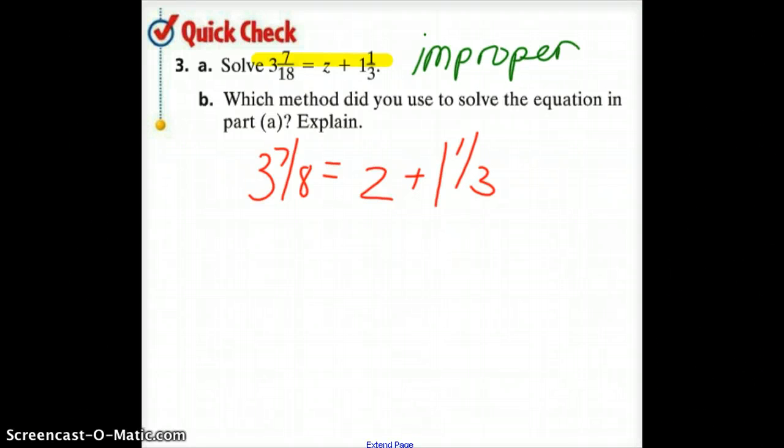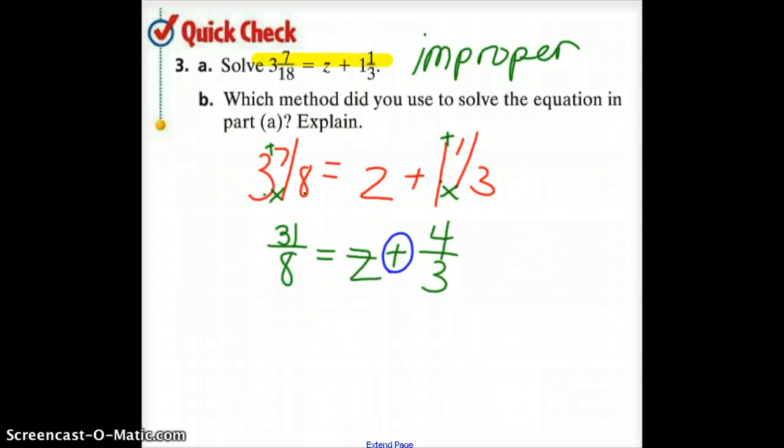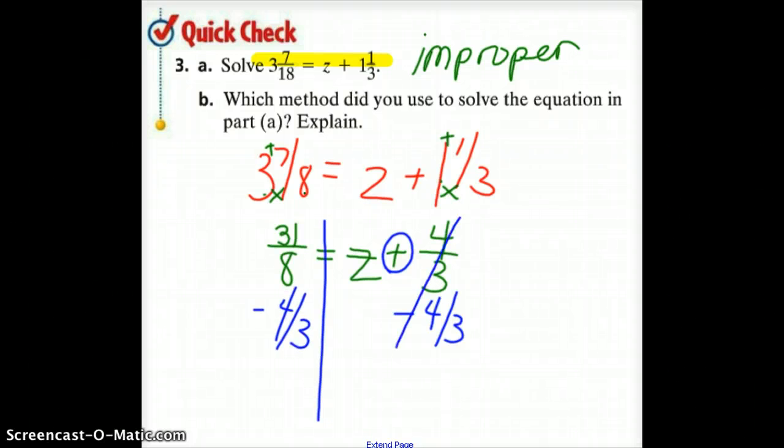To do that, I do 8 times 3 plus 7. 8 times 3 is 24, plus 7 is 31/8, equals, this is the letter z, plus 3 times 1 plus 1. 3 times 1 is 3, plus 1 is 4/3. All right, I have my improper fractions. Now I'm going to undo the addition by subtracting 4/3 to both sides. I'm left with z.